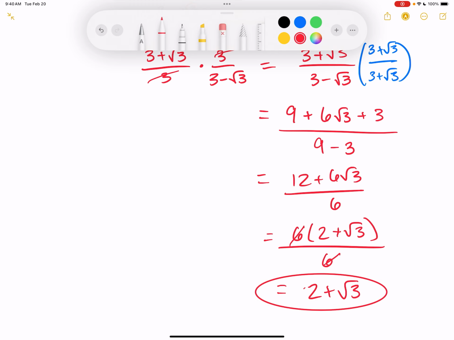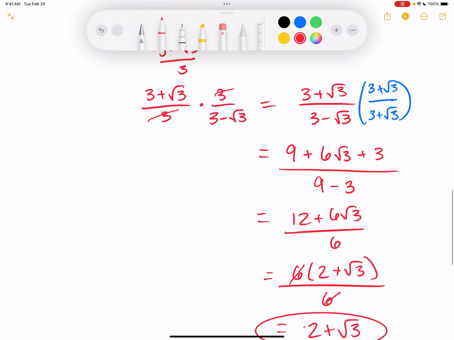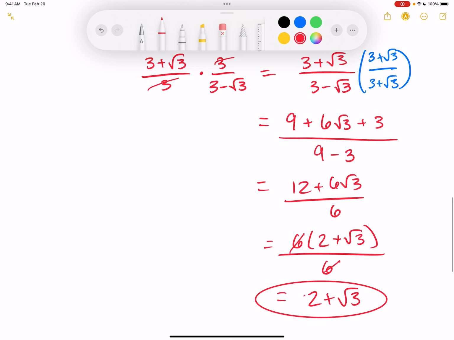Now, you're probably like, that was awful. Yes, the tangent problems are much longer than the sine and cosine ones, but some of those steps you could kind of skip writing. I'm writing out every single step because I want to make sure we're seeing what's happening. But if you can go straight from here to here, that's fine.